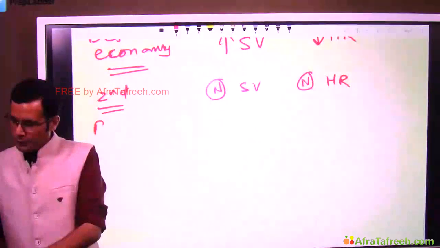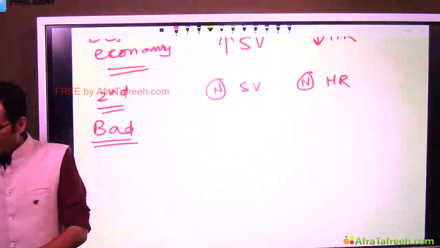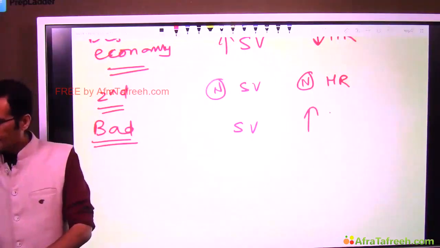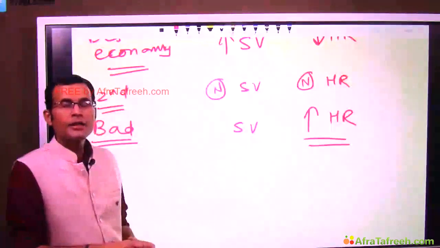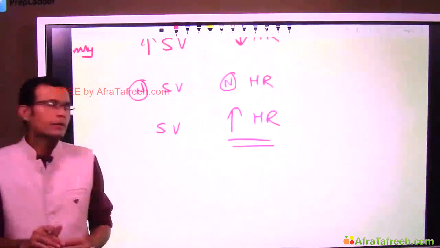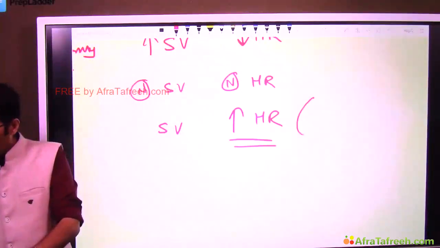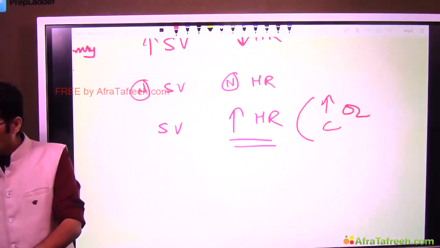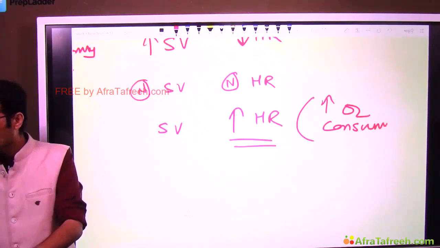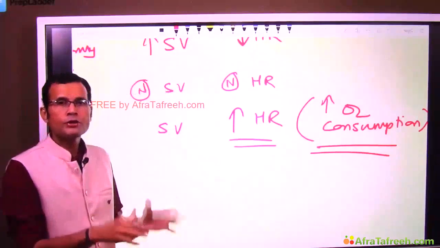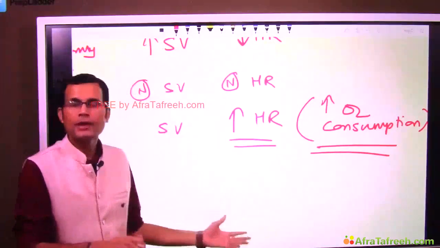Now the bad economies. If there is a normal stroke volume or any stroke volume and there is an increased heart rate, now the myocardial economy will suffer. Why? The reason is increased heart rate increases the oxygen consumption proportionately.